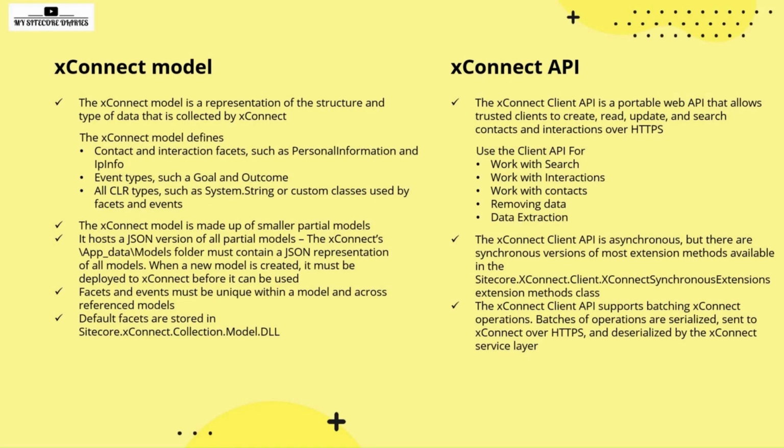The xConnect Client API supports batching of xConnect operations, so you can have a batch of operations also. Batches of operations are serialized, sent to xConnect over HTTPS, and deserialized by the xConnect service layer.